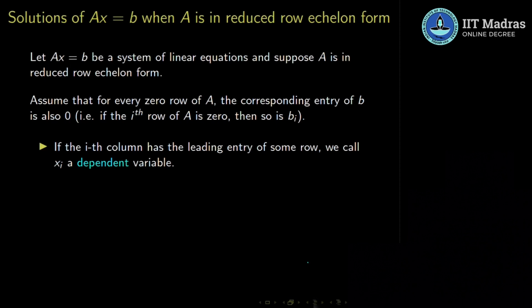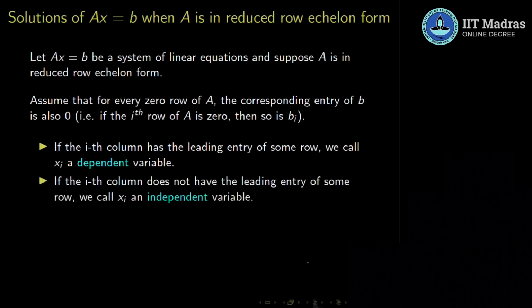Then we will call xi a dependent variable. So, in that first example, x1 and x2 are dependent variables, and if the ith column does not have the leading entry of some row, we call xi an independent variable. All the other variables are independent variables. So, in that first example, the independent variable is x3.